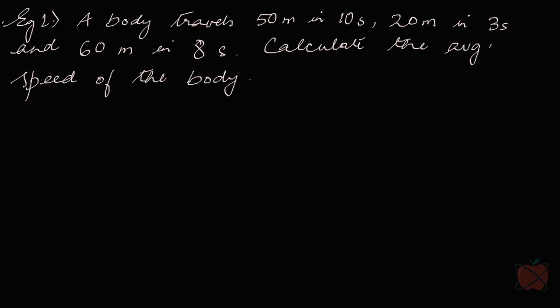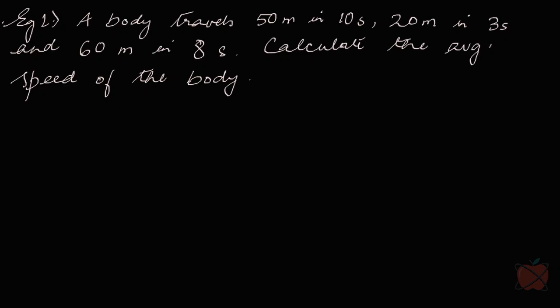In this problem, we have a body which is traveling 50 meter in 10 seconds, 20 meter in 3 seconds, and 60 meter in 8 seconds. Calculate the average speed of the body. How do we do this?